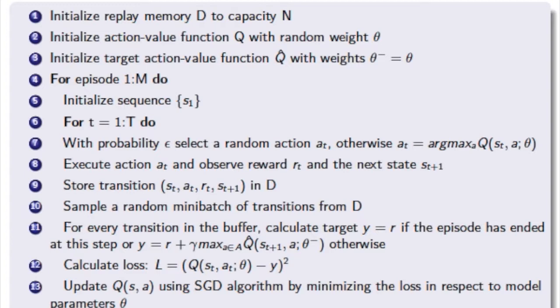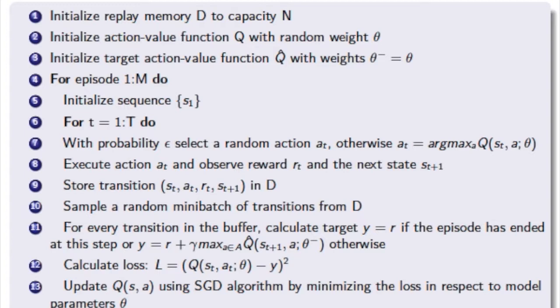And then we sample a random mini batch of the transitions to feed into the neural network. Step 11 is the formula that updates the target Q value. Here, the maximum is taken over actions that maximize the target Q value.